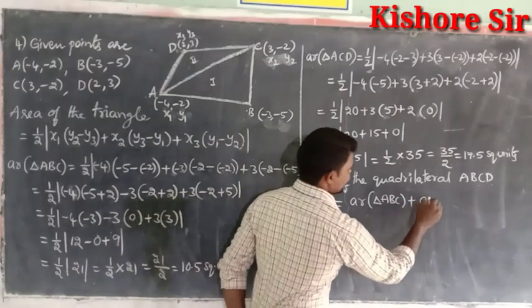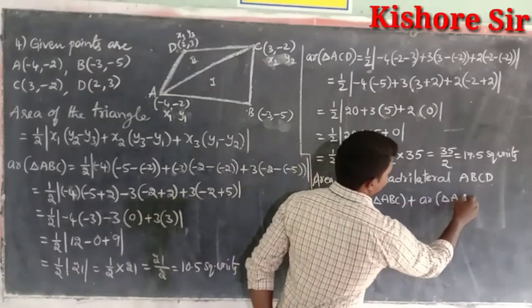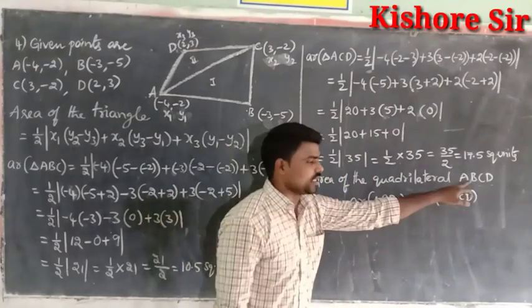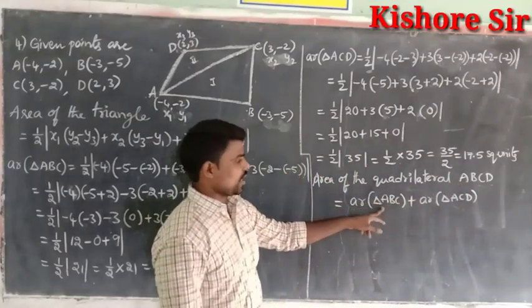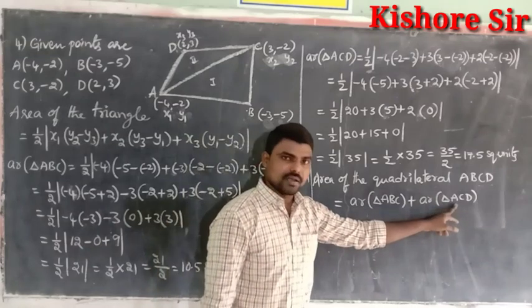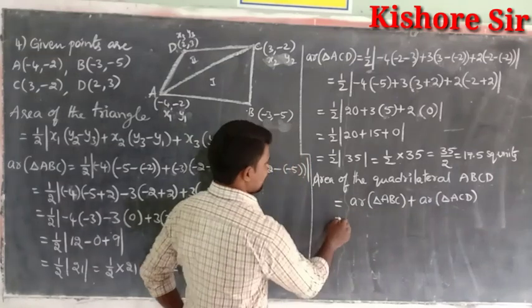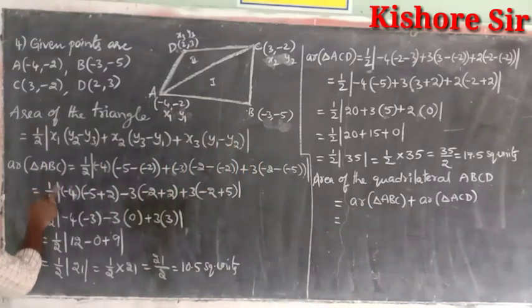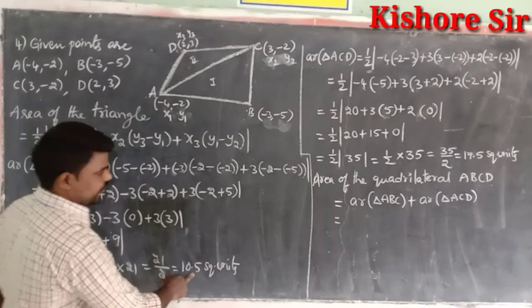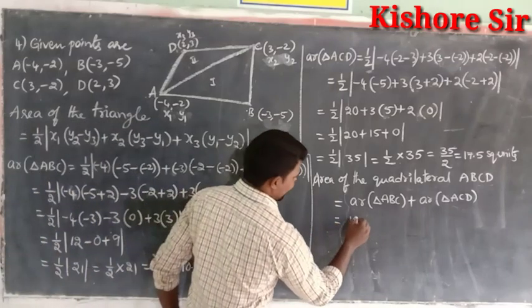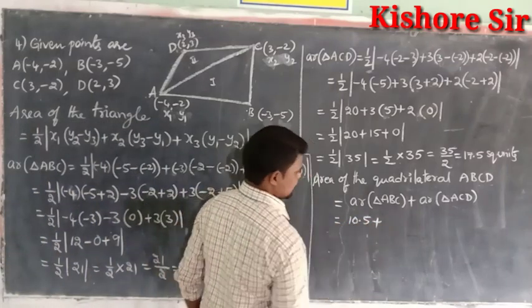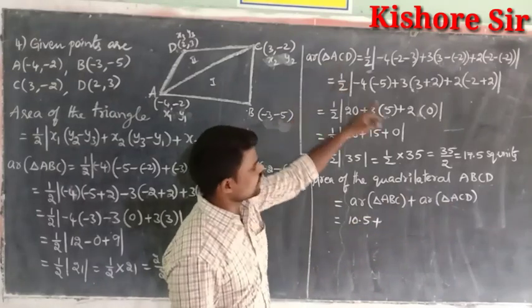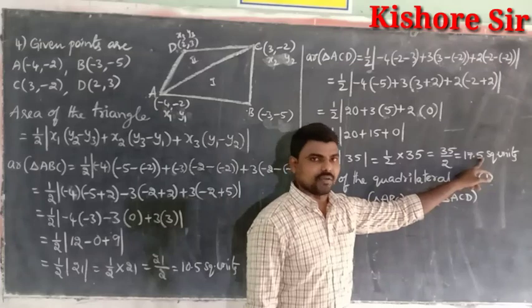So the area of the quadrilateral ABCD is equal to area of triangle ABC, which is 10.5, plus area of triangle ACD, which is 17.5.